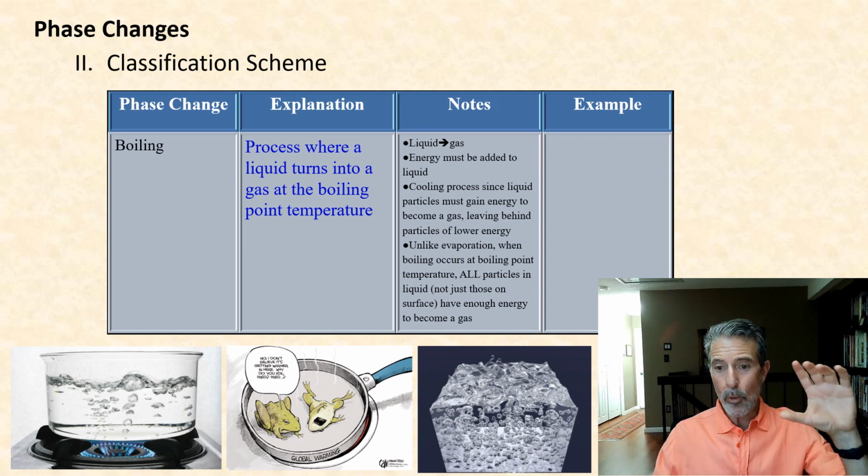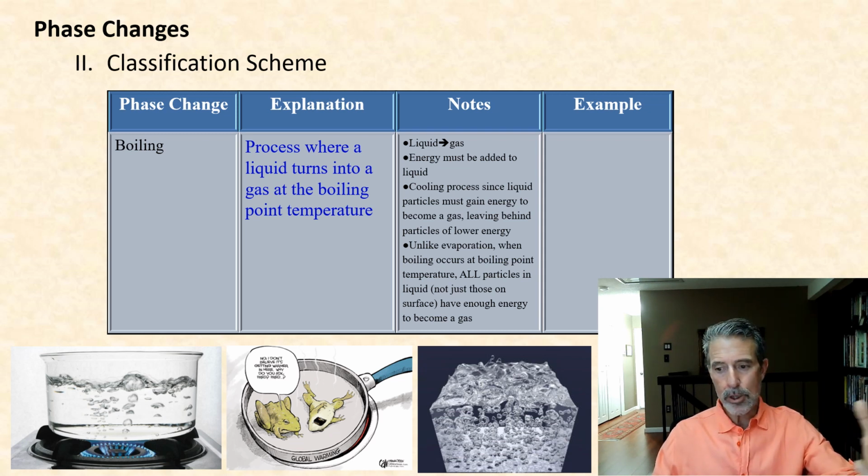But when we talk about boiling, we're talking about the liquid particles being at a temperature high enough, what we call the boiling point temperature, such that all particles in the liquid, not just those on the surface, have enough energy to become a gas. So this requires a much higher temperature than does simple evaporation.